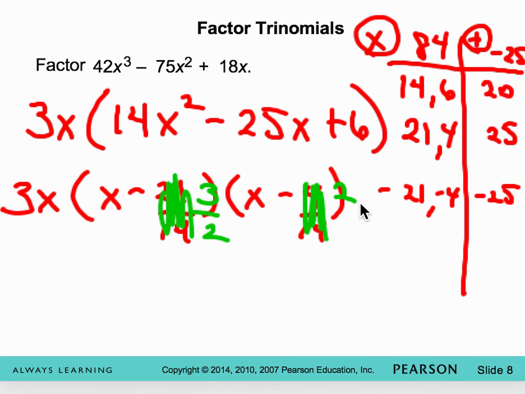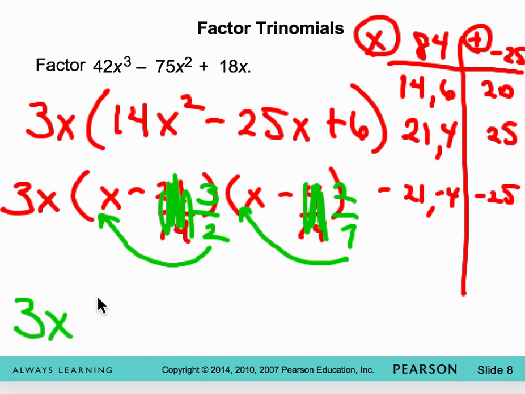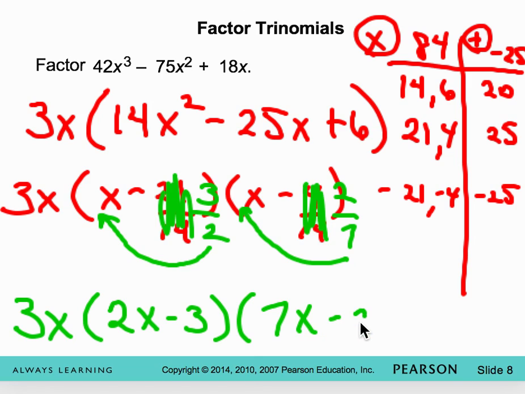So that leaves the denominators. And finally, I have the 3x, 2x minus 3, and 7x minus 2. Perfect. Okay. Let me know if you need any help with that.